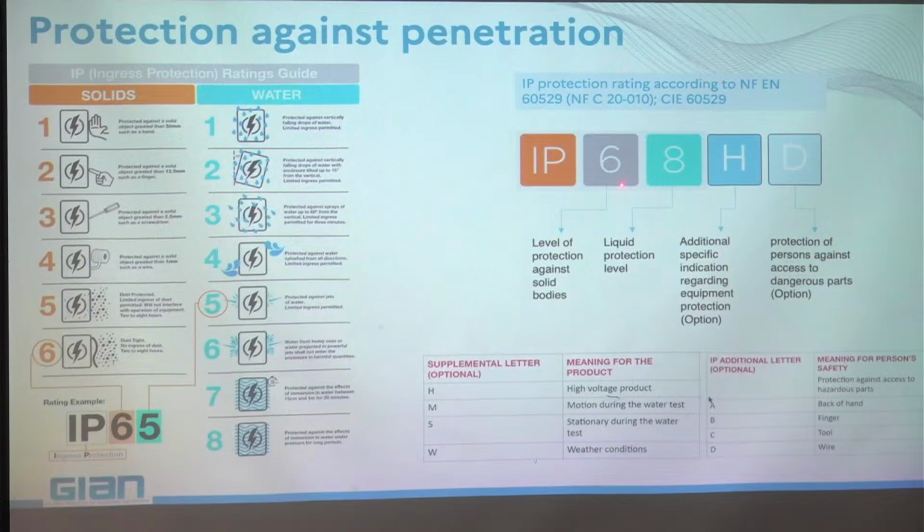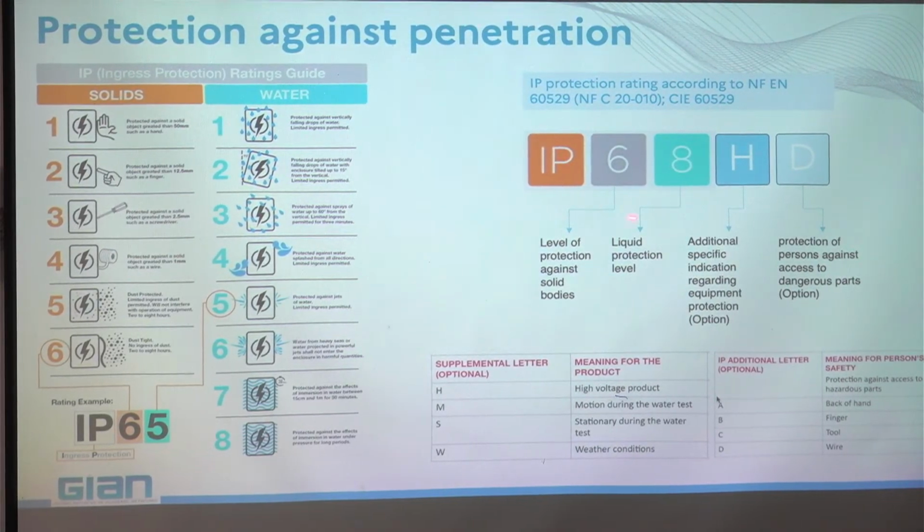And IP is constituted by two figures and potentially, not always, by two letters behind. The two figures here are independent. Here it is not IP sixty-eight, but IP 6 and 8. The first one shows you the level of protection against solid bodies.